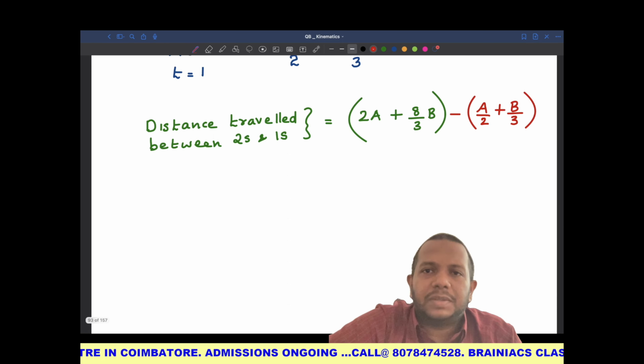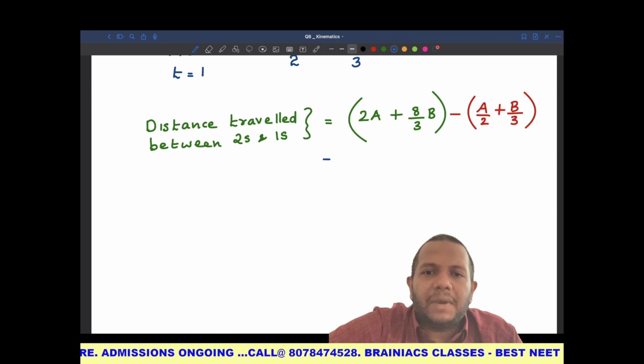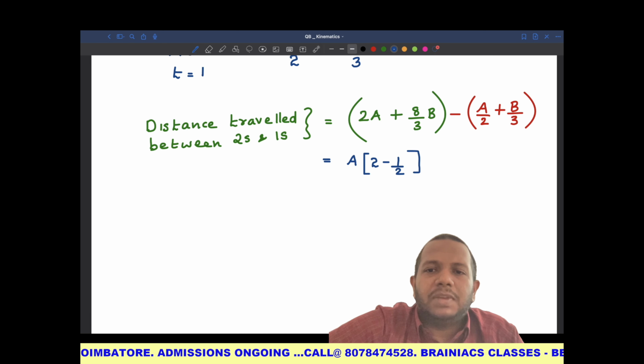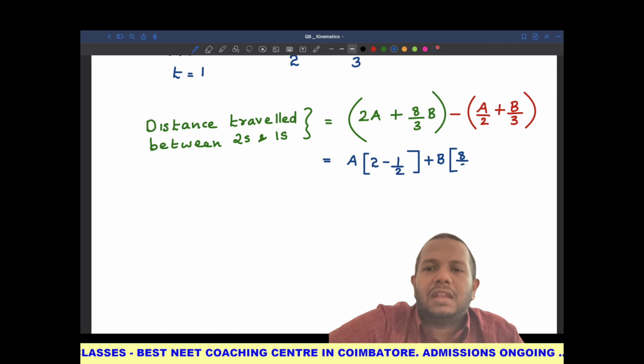Very easy, tell me. So 2a minus a by 2, so that I can take a common, and I can do the subtraction, that is 2 minus 1 by 2. Similarly, you can take b common and do the subtraction for the other one. So b I am taking it as common and you can subtract 1 by 3 from 8 by 3.